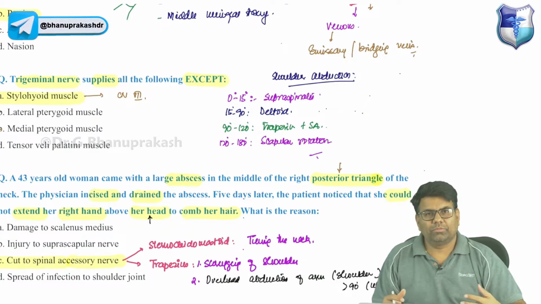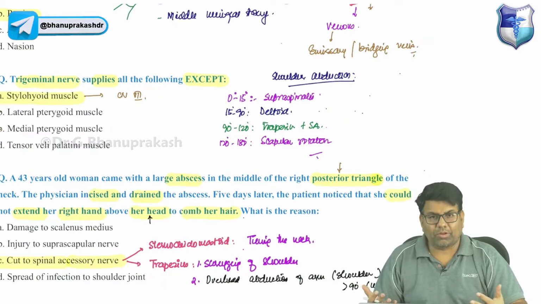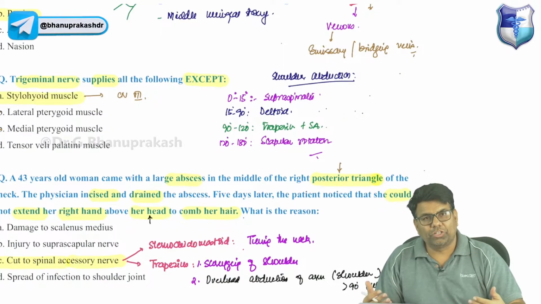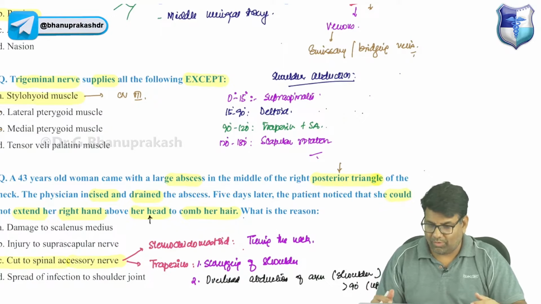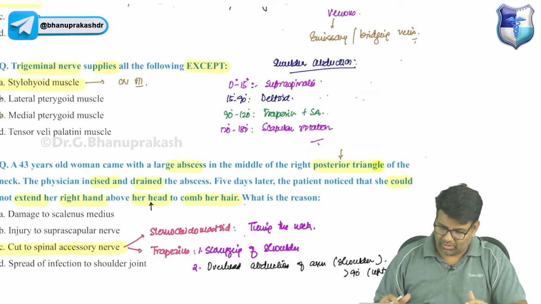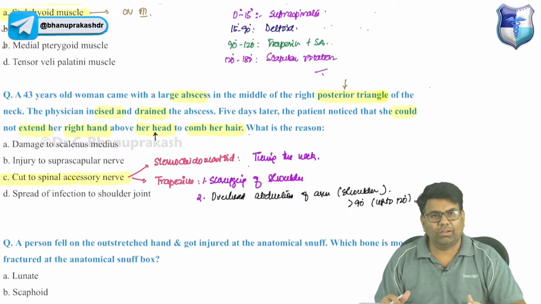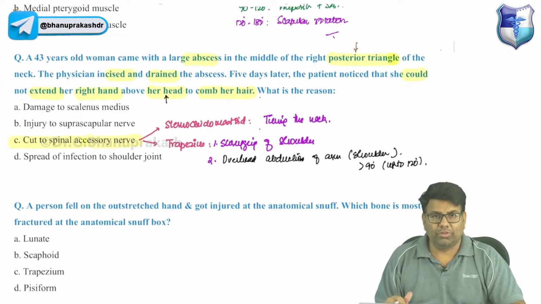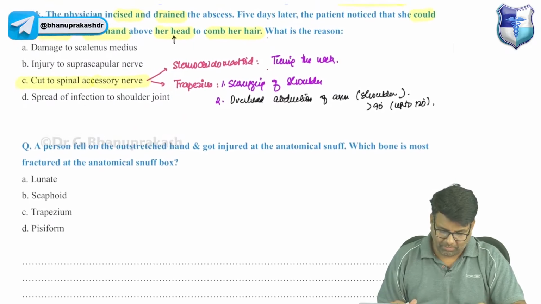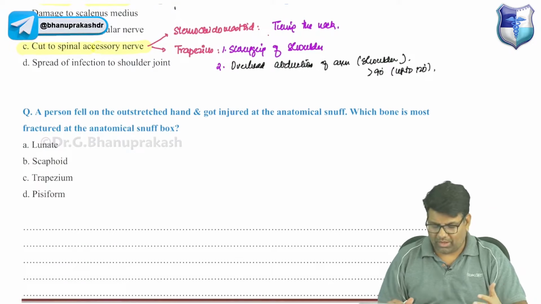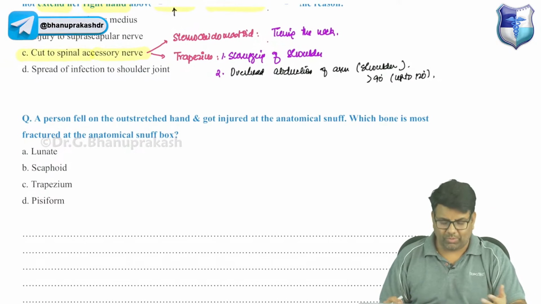Clear? A unique concept, because at any other joint we never see this kind of differentiation in terms of the ranges of movement. So this is important. This 90 to 120 degree shoulder abduction will be lost if there is injury to the spinal accessory nerve.